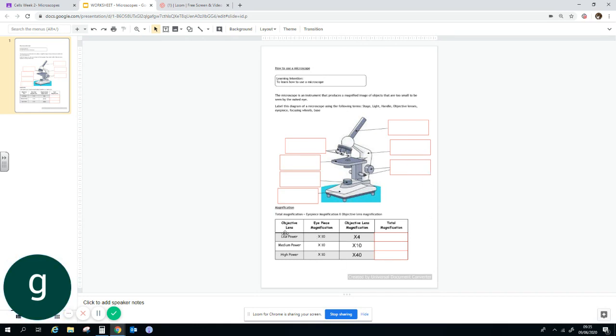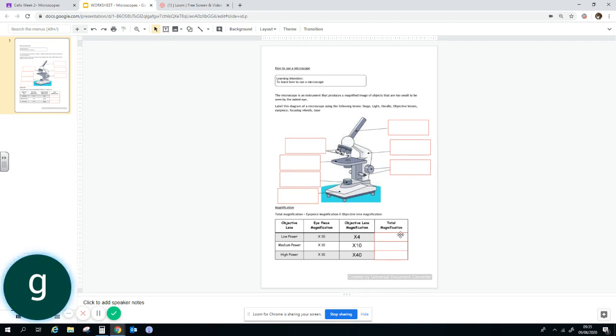Here we looked at the fact that you have the objective lenses. You have the eyepiece magnification, which is always times 10 within school microscopes. And then the objective lens, when we get into the school classroom, you'll see you can twirl that around on a little wheel and change it from times 4, which is the smallest one, to times 10 to times 40.